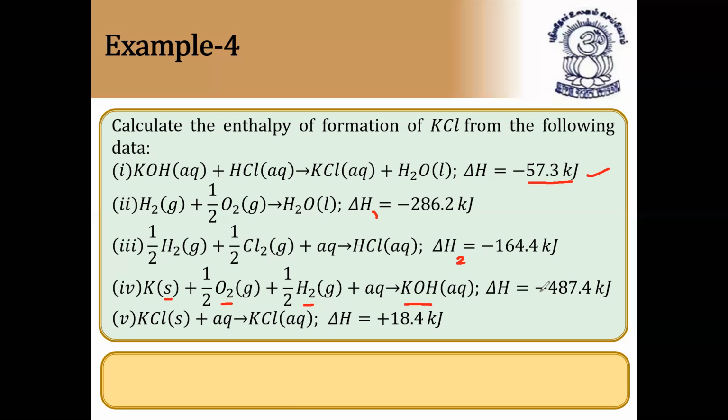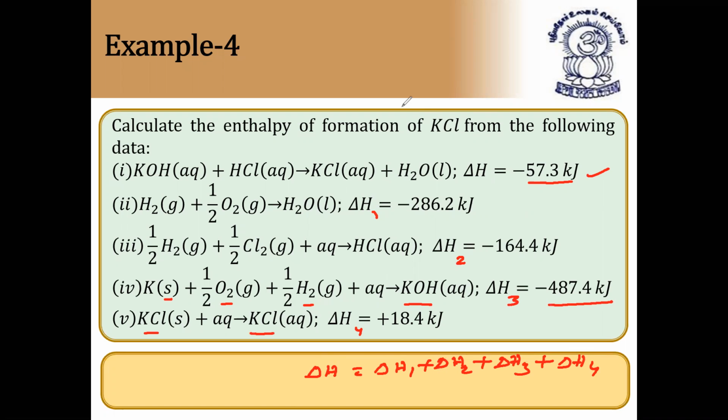How did you get this aqueous KOH? By using this reaction, that is minus 47.4. Finally they are asking, this is KCl plus aqueous K, so this is called delta H3 and this is delta H4. So delta H of the reaction is equal to delta H1 plus delta H2 plus delta H3 plus delta H4 by using Hess law. Then you'll get the right answer.